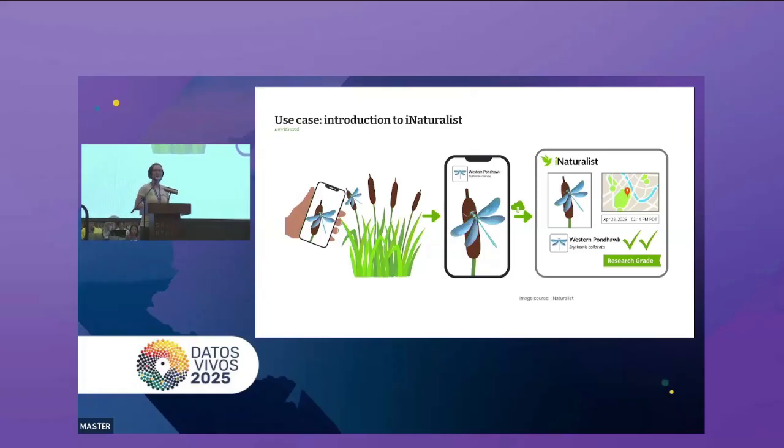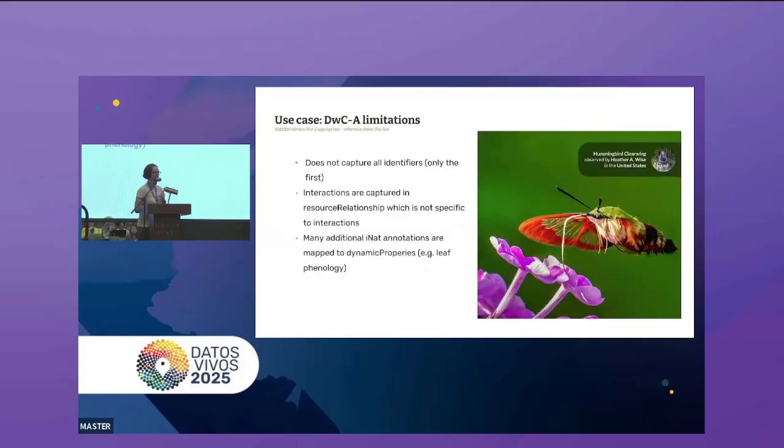Mistakes happen all the time on iNaturalist, but they can always be corrected by the community. So keep this flow in mind. A person takes a photo of a thing, posts it to iNaturalist, and then other people chime in and help with the identification process, because we're going to come back to that and how it maps to the data package.